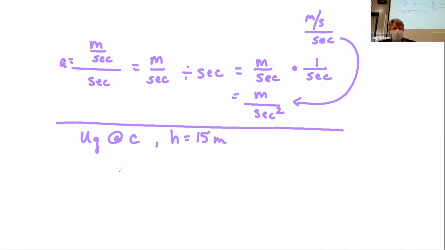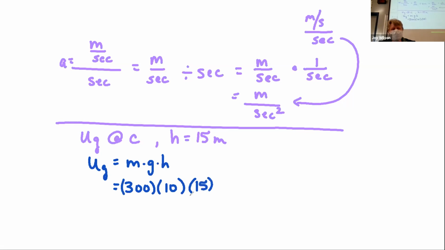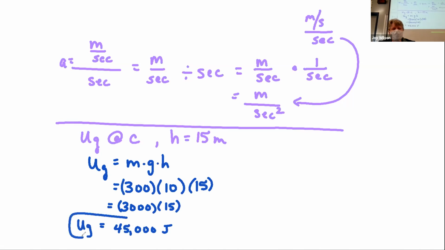Potential energy is mass times gravity times height. My mass was 300, my gravity was 10, and my height is 15. So this becomes 3,000 times 15, and that is 45,000 joules. So my gravitational energy is 45,000 joules.